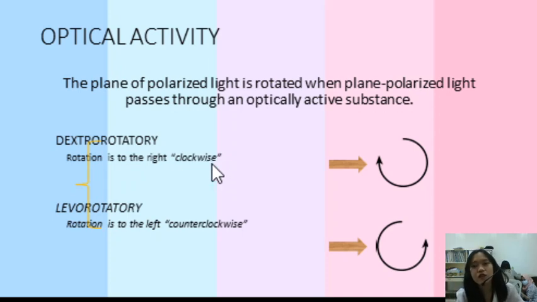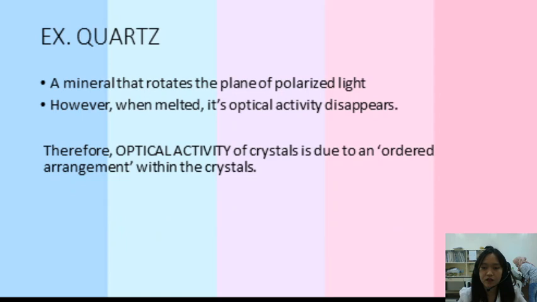So, the value of the optical activity of your dextrorotatory is positive because the direction is clockwise. While the levorotatory, the value is negative because the direction of the rotation is towards the left, or counterclockwise. So, two types of substances based on their optical activity. You have dextrorotatory and levorotatory.